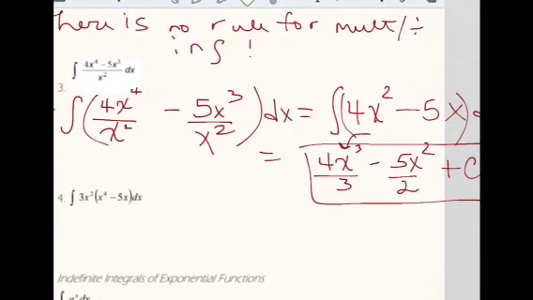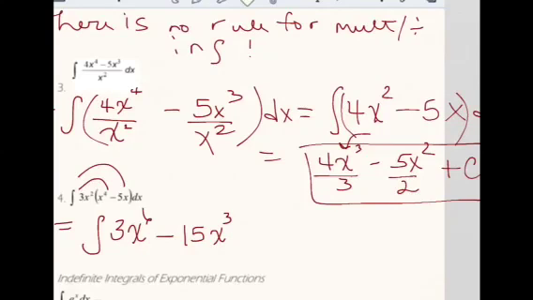Number 4 here, same idea. There is no rule for multiplication or division, so your only recourse is to do some algebra. Distribute this through. This would be 3x to the 6th minus 15x to the 3rd. And then from here you add 1 to this power, add 1 to that power, divide by both of them. So you keep the 3.